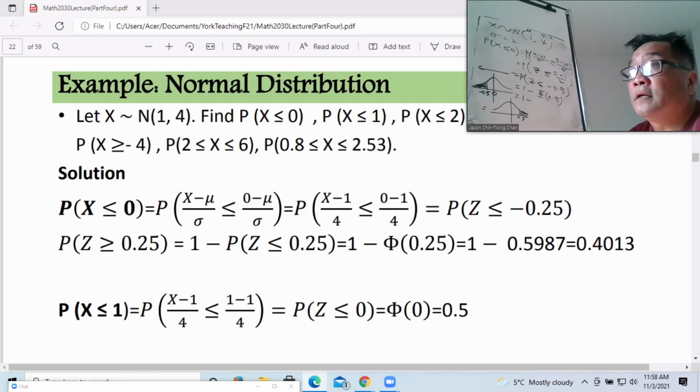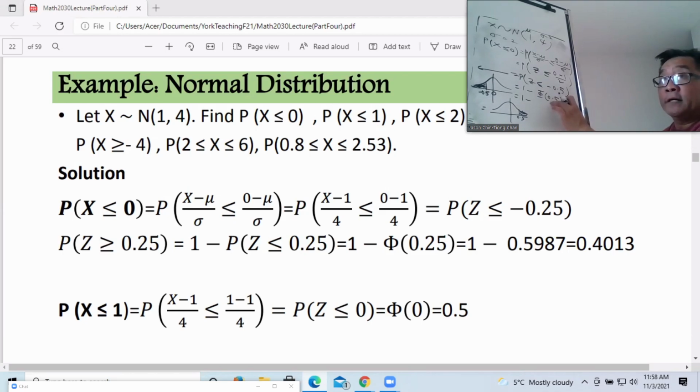Is that okay? Yeah, okay. So now, can you look at the table and tell me the value? Yes, square root of 4 is 2.